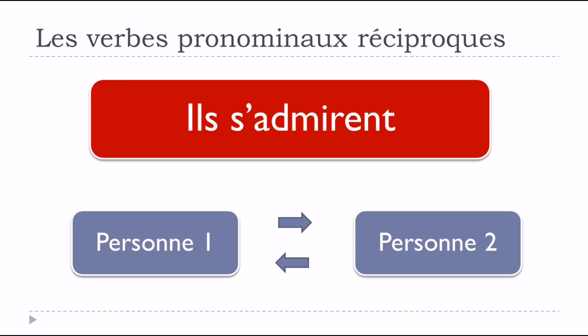So it is tricky in some cases. Normally, it doesn't come like that. So normally you've got a context, and normally you tend to understand quite fast and quite well if it is verbe pronominal réfléchi or verbe pronominal réciproque.